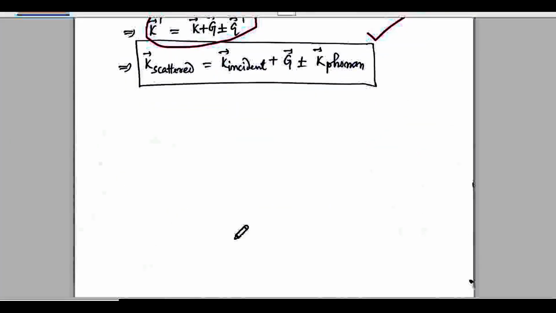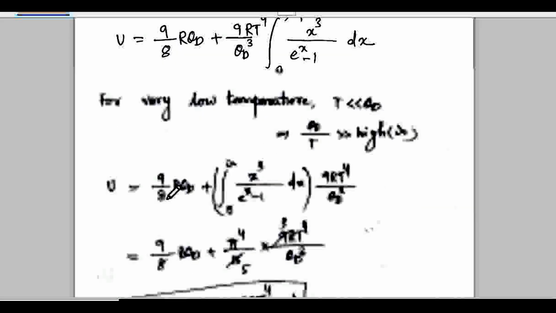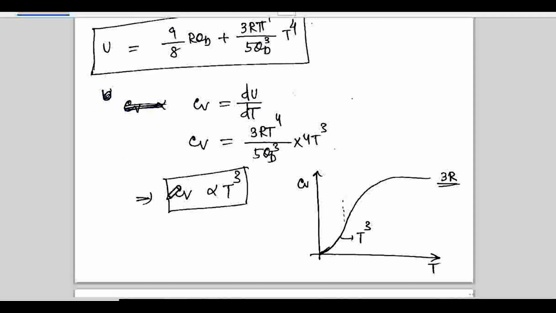Okay, now if you see the solution, how can you find it? The main process is that we need u first, and then you differentiate this u with respect to temperature, because this internal energy u is a function of temperature.